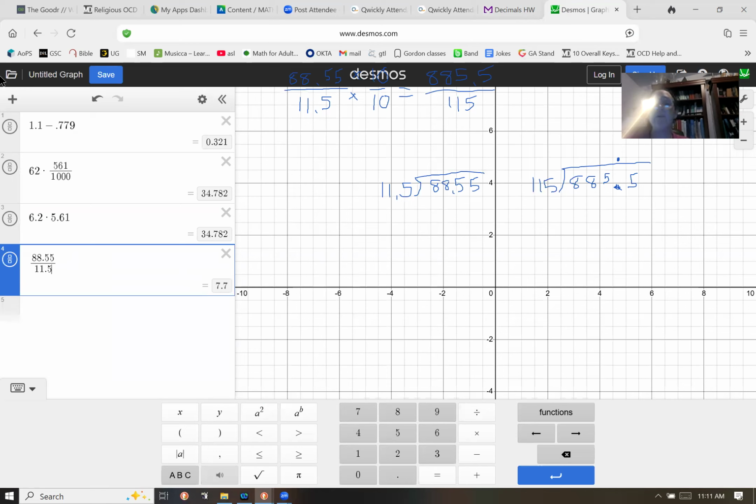If we had done it with long division, now that I see the answer, I can see this would have been a 7. 7 times 115 is 805. So we would have put 805 right here.